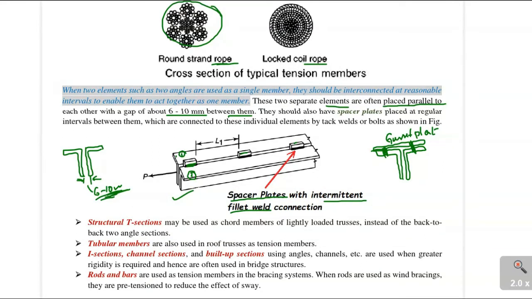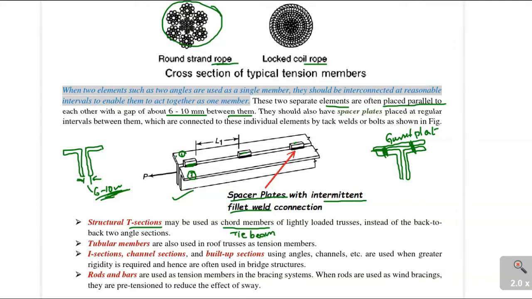Coming to the usage of these sections, different sections are used in different places, right? For example, a T section may be used as a tension member, as a chord member. I told you the chord is nothing but the tie beam in a roof truss.